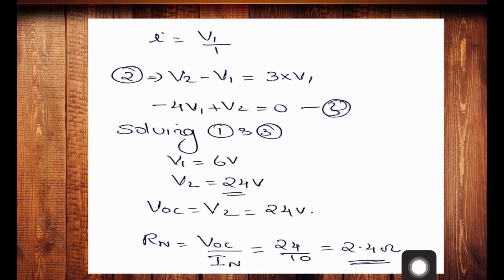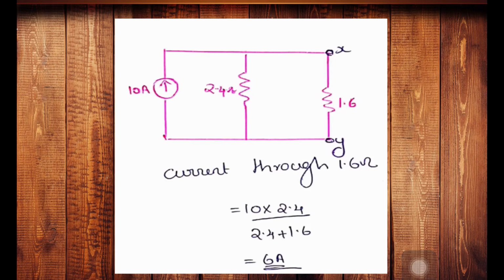Let us now draw the Norton equivalent circuit. Here, this Norton current 10 ampere is connected in parallel with this Norton resistance 2.4 ohm, and this portion of the network represents Norton equivalent of the electrical network given in question without 1.6 ohm.